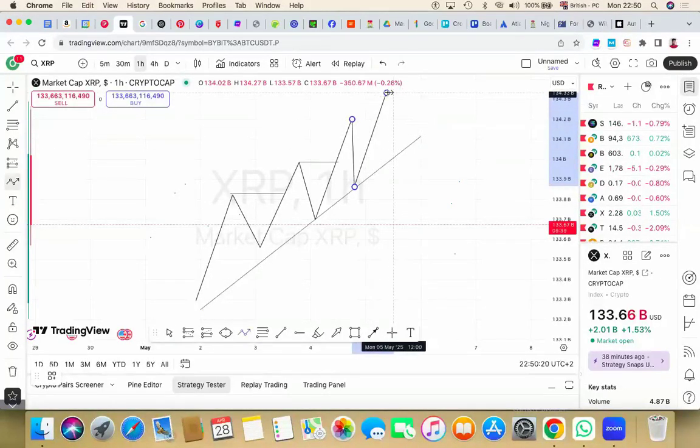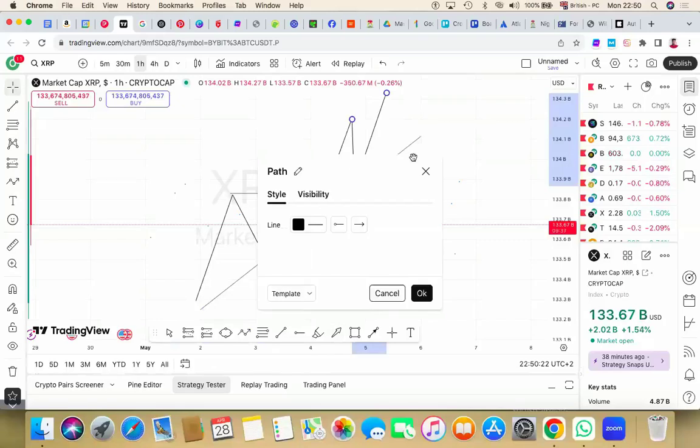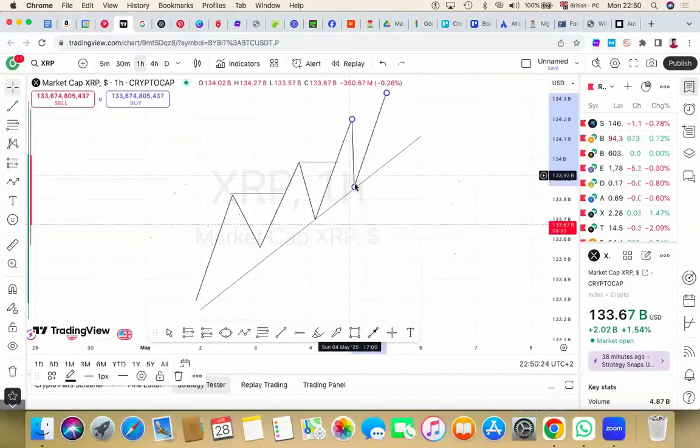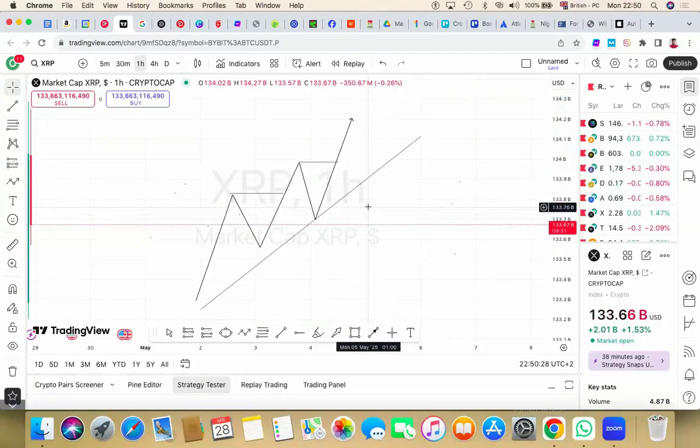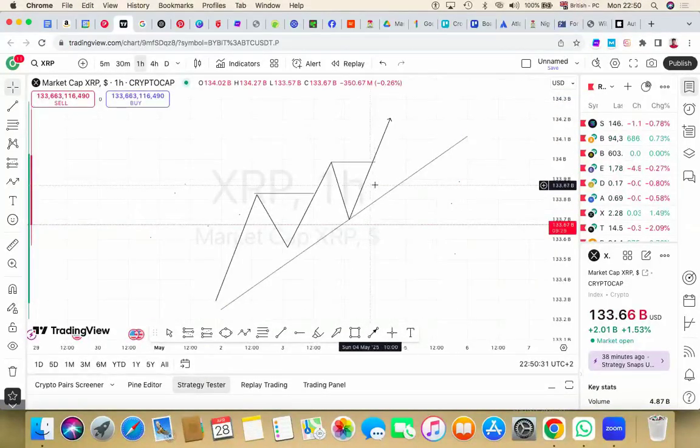But for you to be able to get the right entry, to know where to place your order so as to not get stopped out, you want to be able to spot your imbalance zone, which is also an entry zone for you. So we either call it fair value gap, right?